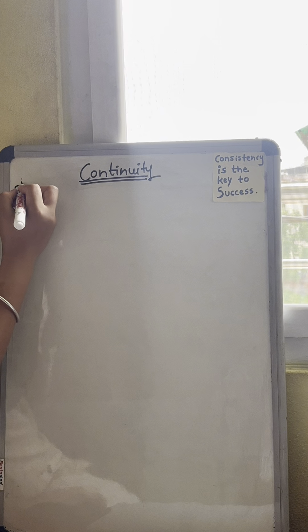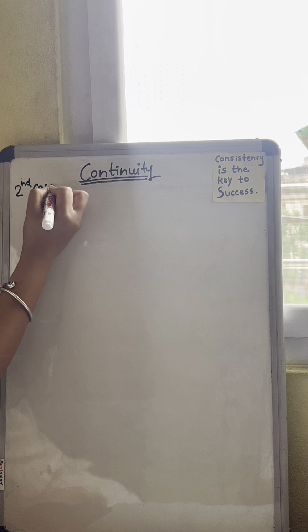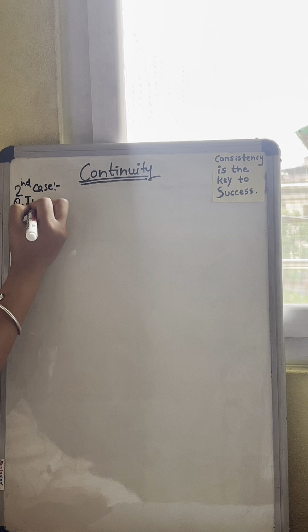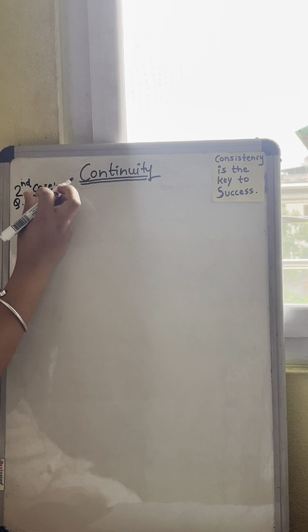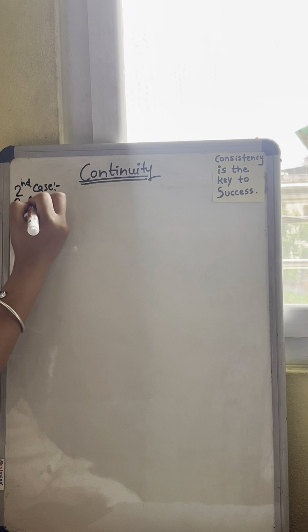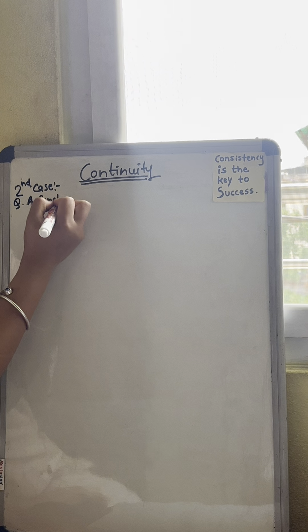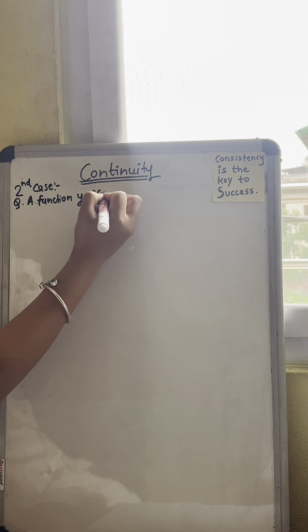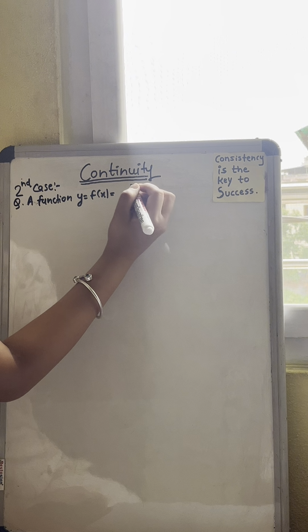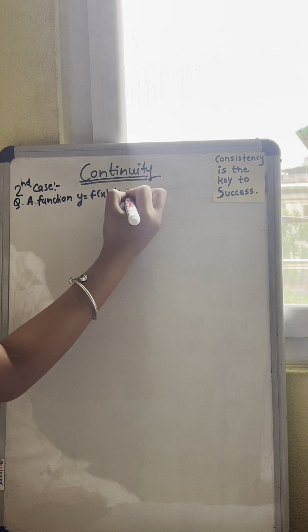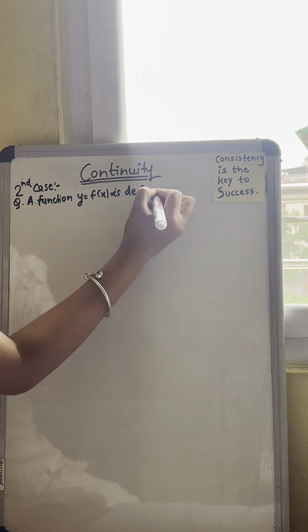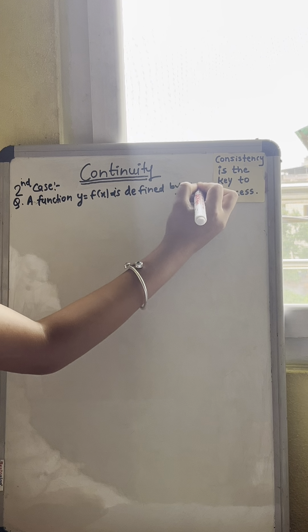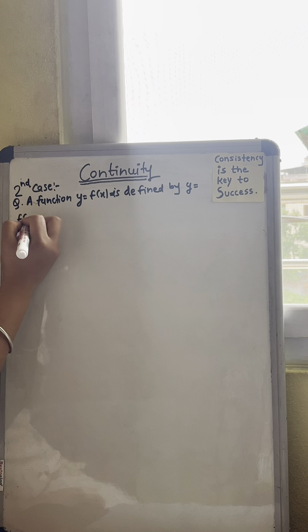Now moving towards our second case, we have to find the value of a constant in this problem. The question is: a function y = f(x) is defined by f(x) = 2x + k if x < 4, 13 if x = 4, and x² - 3 if x > 4.